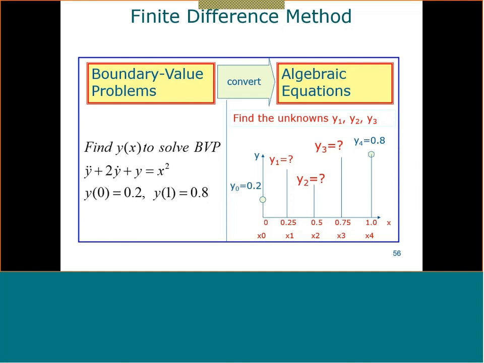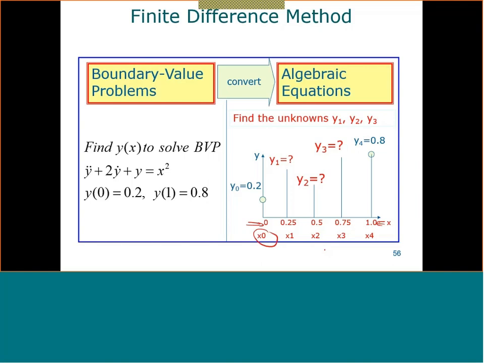The h here is 0.25, the difference between one x and the next. And I know the value of the function defined at 0 and at 1, which are the boundaries. But I don't know the value in the middle at 3 different spots. So how to find this? As you can see here, time is not a function here. We don't talk about time here. We talk only about space.